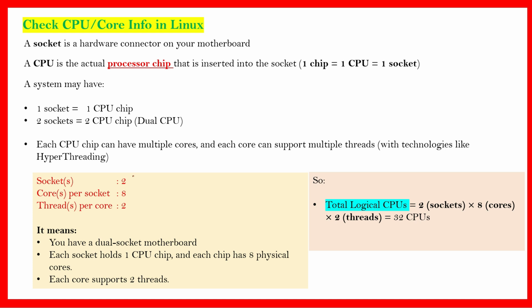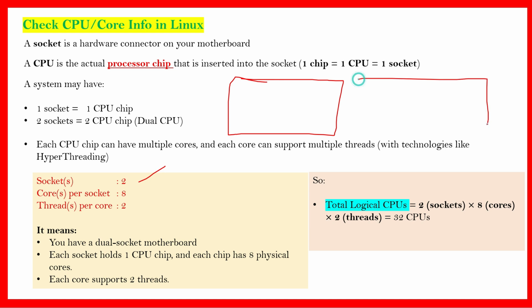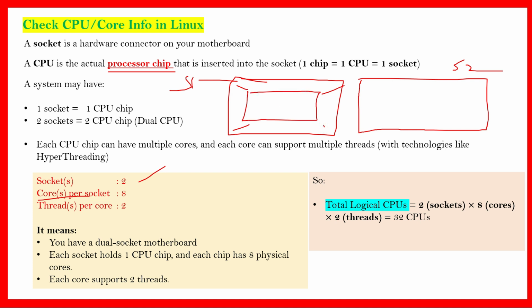So let us say we have two sockets. This is the first socket, and this is the second socket in our motherboard. Correct. Let me write a name: this is socket 1 and this is socket 2. And here we have a processor chip that we have inserted in the socket.